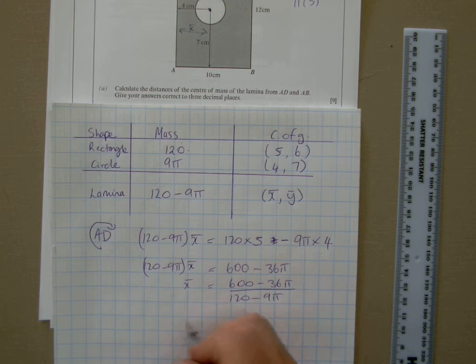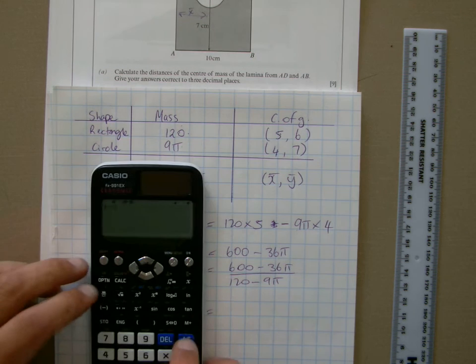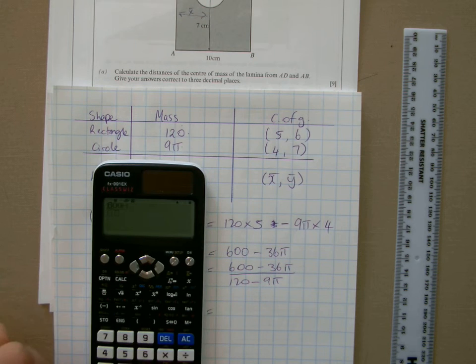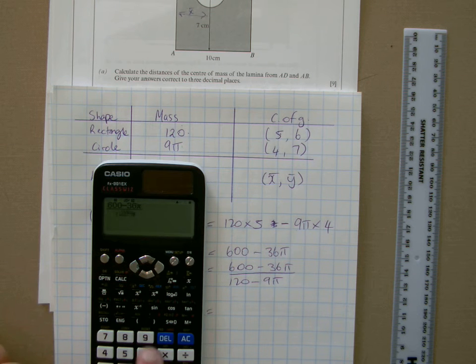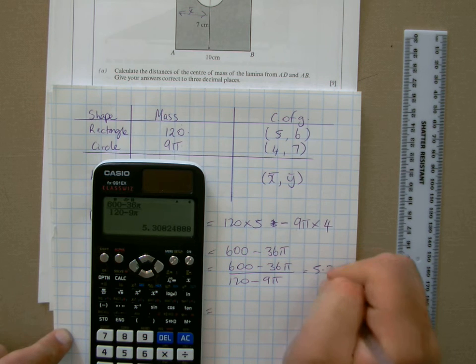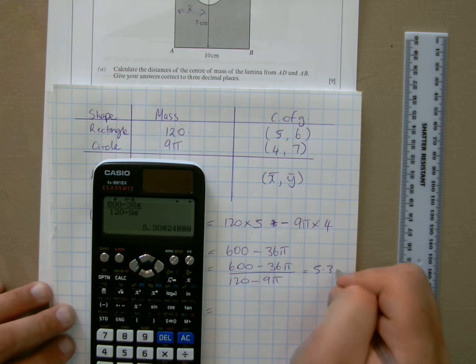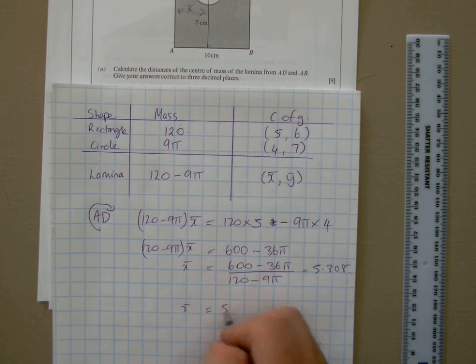So if I get my calculator, I get my answer to be 5.3, what do they want? 3 decimal places, 0.8. So that's my x bar. So I'll write it there as well.